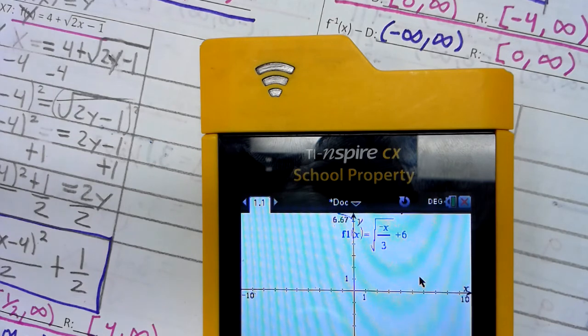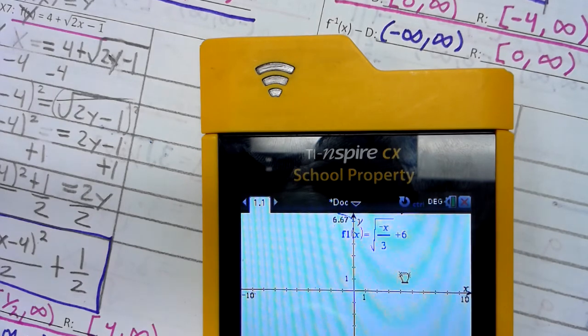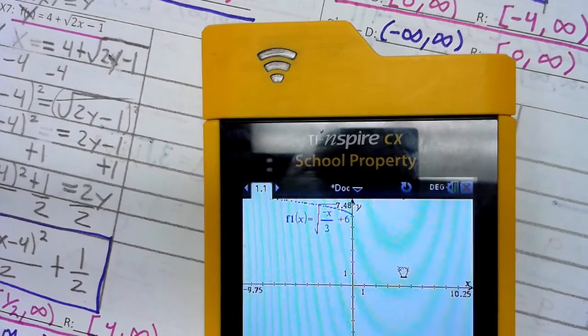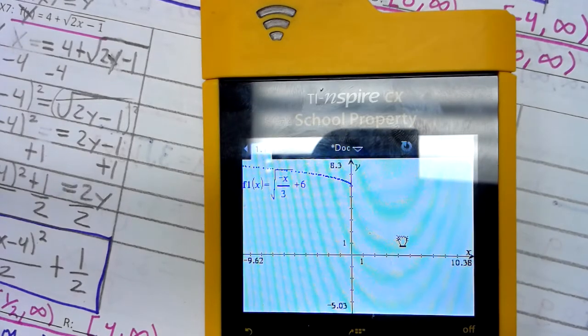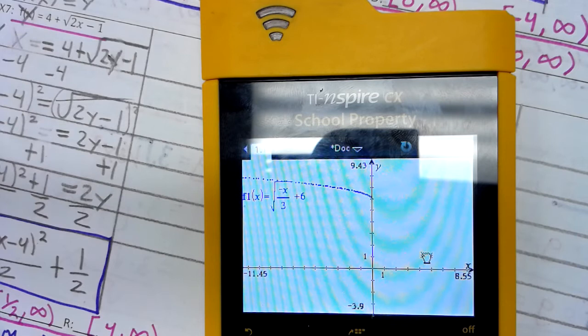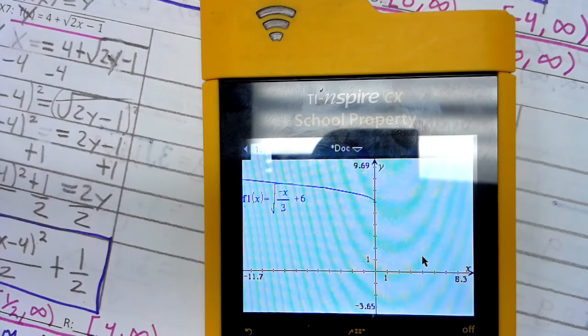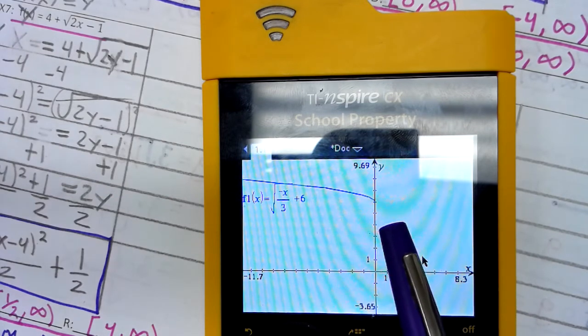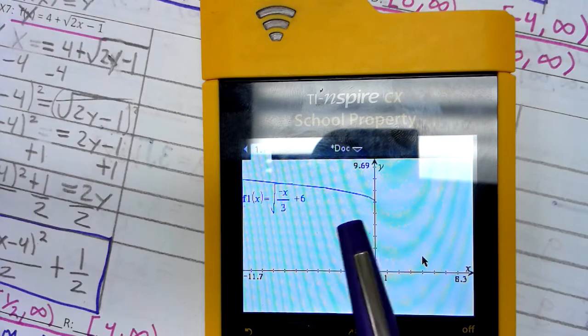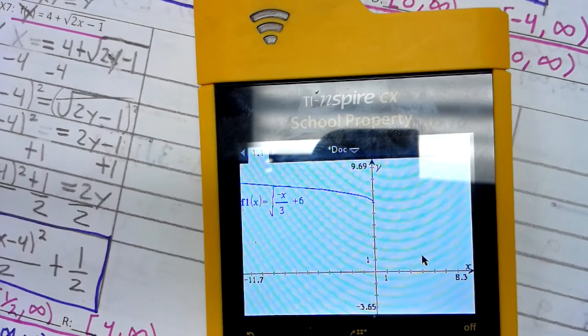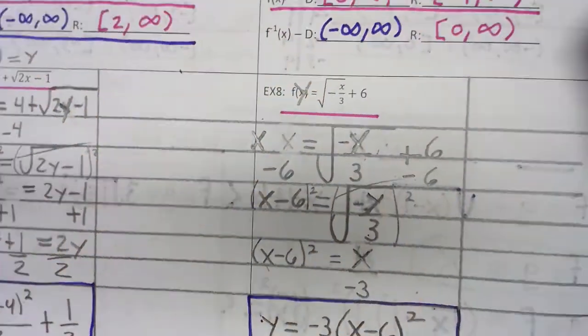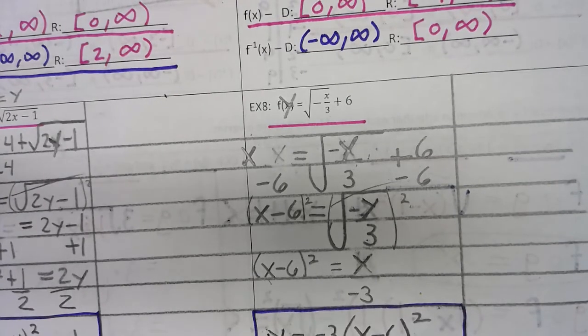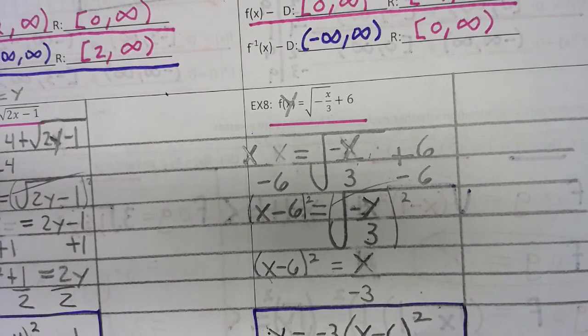And then I can actually control click, and I can grab the screen, and I can pull it down so I can see. I can actually move it there. And I suspected that negative reflected the graph across the y-axis. So we need to reconsider our domain and range.